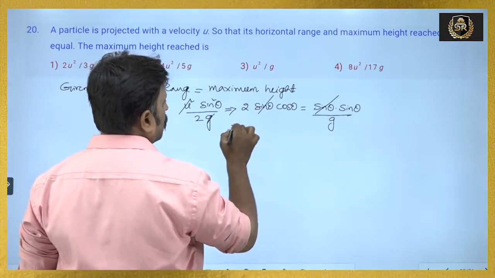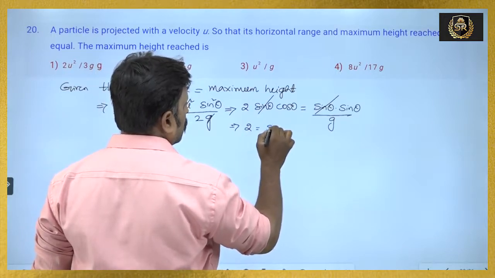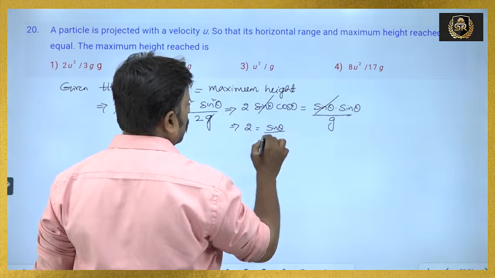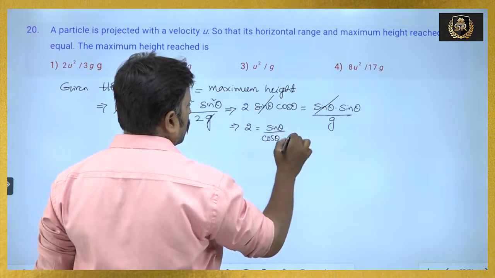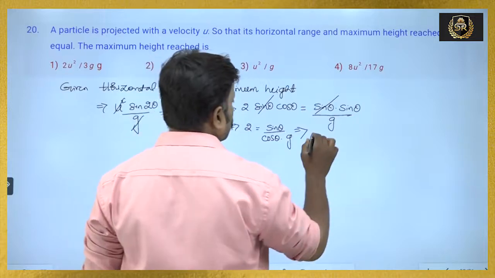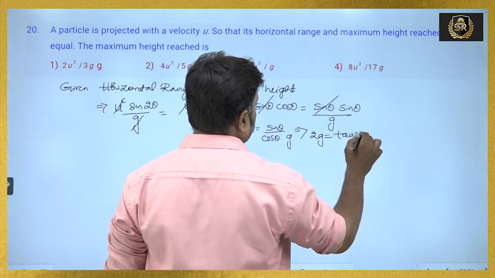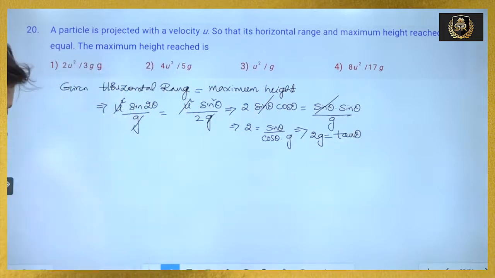That is, 2 cos theta is equal to sin theta by 2. From this, I write 4 is equal to tan theta.